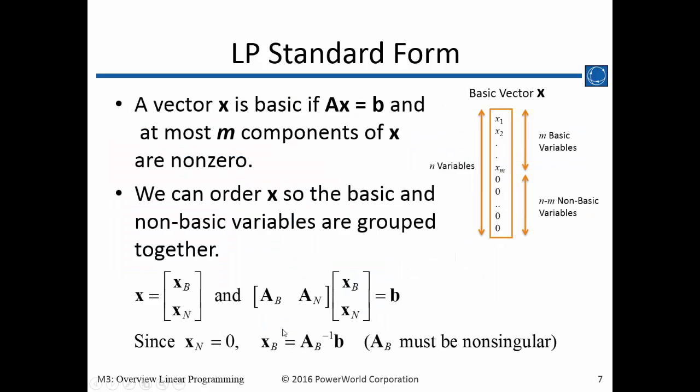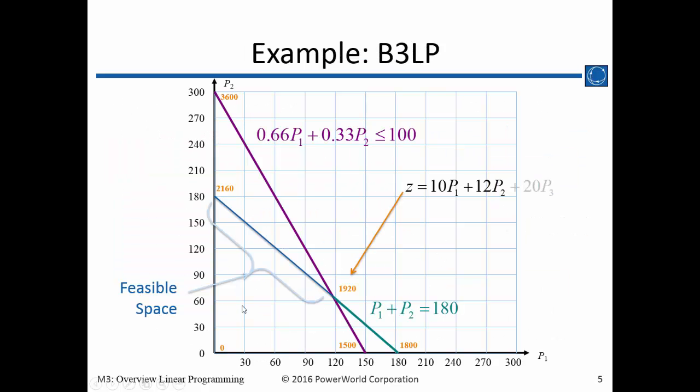So what that means, graphically, is this is a basic solution, and this is a basic feasible solution here at these vertices. Algorithmically, we just need to look at these vertices and find the one that has the least cost.